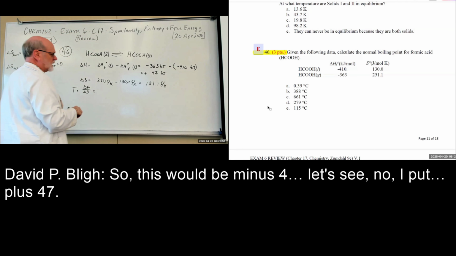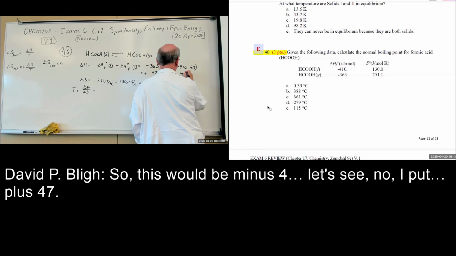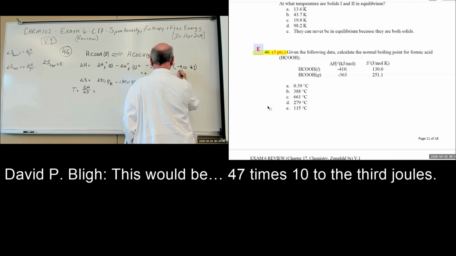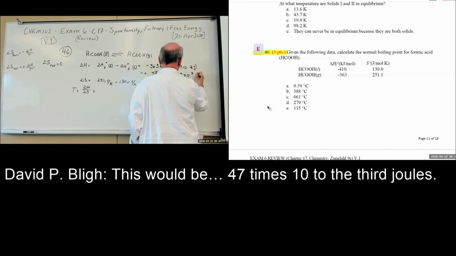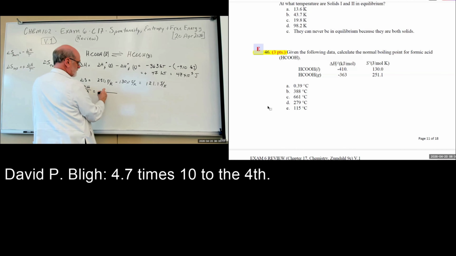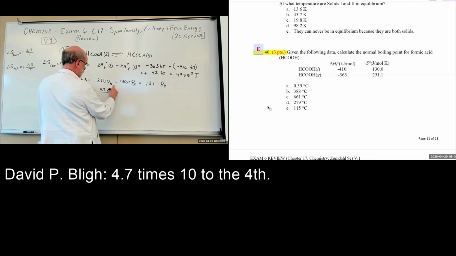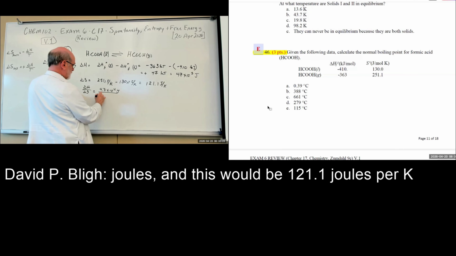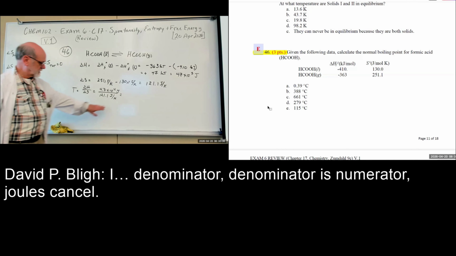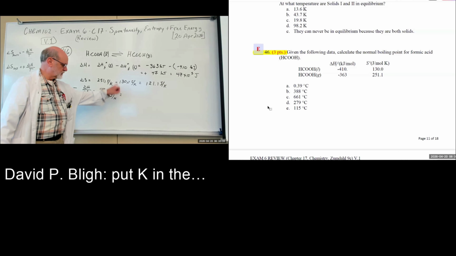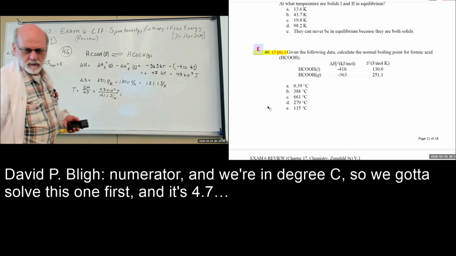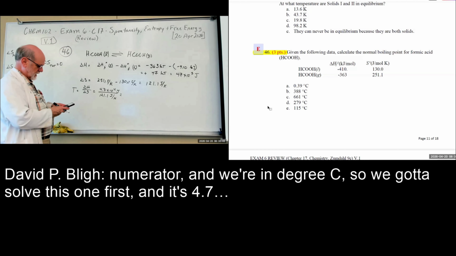So this would be plus 47 times 10 to the third joules, which is 4.7 times 10 to the fourth joules, and this would be 121.1 joules per K. The joules cancel and we have K in the numerator. And we're in degrees C, so we have to solve this one first.